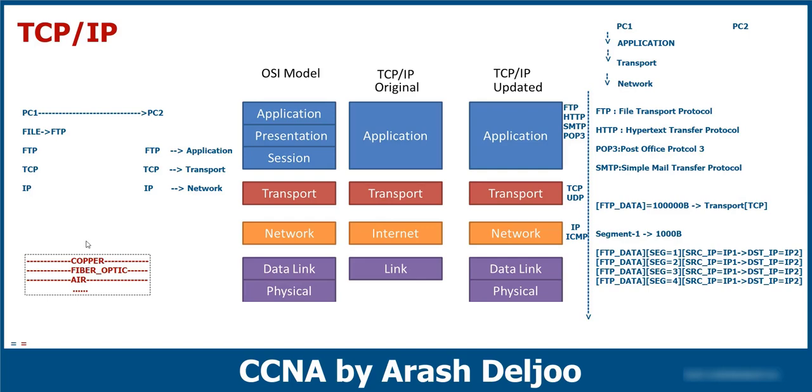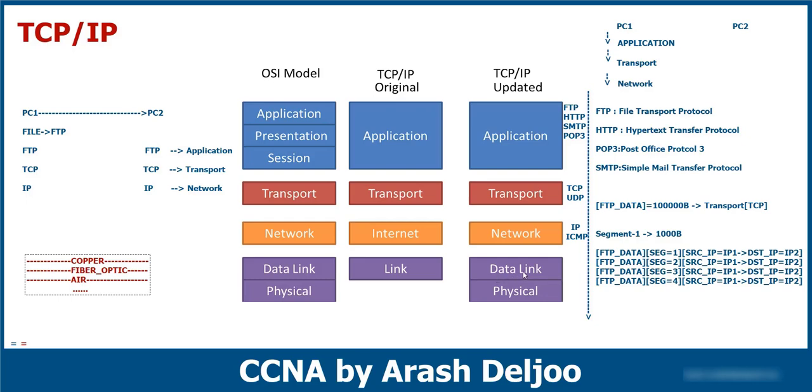For fiber optic, maybe you need to do something else, and for air you also need a different technology. You will learn about all of them, but here we can't send this addressed, segmented data over all of these media with exactly the same function. Because of that, we need another layer.